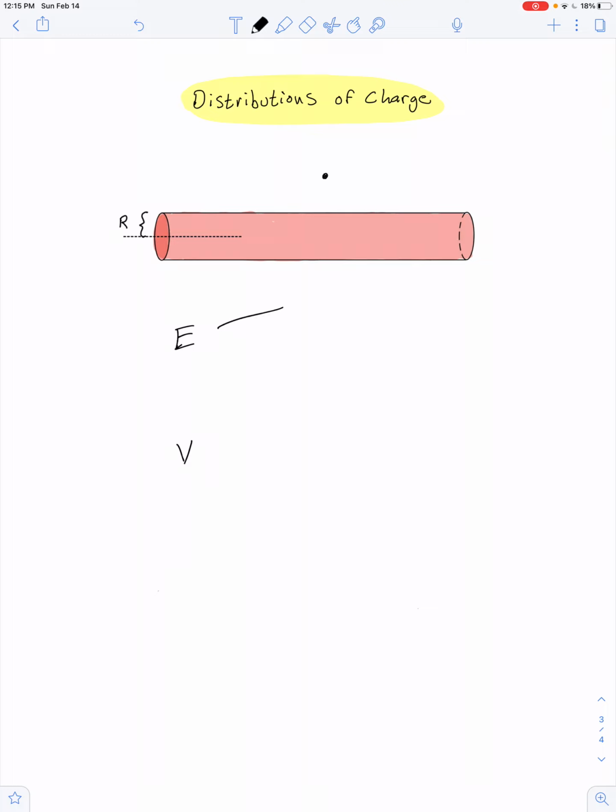Generally, let's pick a point here. Maybe we want to know at this point P what's both the electric field and the electric potential. So there are 2 ways we might find the electric field. One is a brute force method in which we just apply Coulomb's law and the superposition principle. We divide the charged rod up into a bunch of little bits.